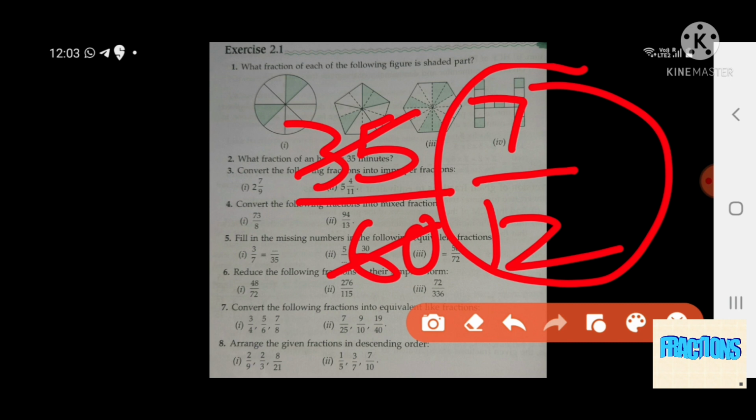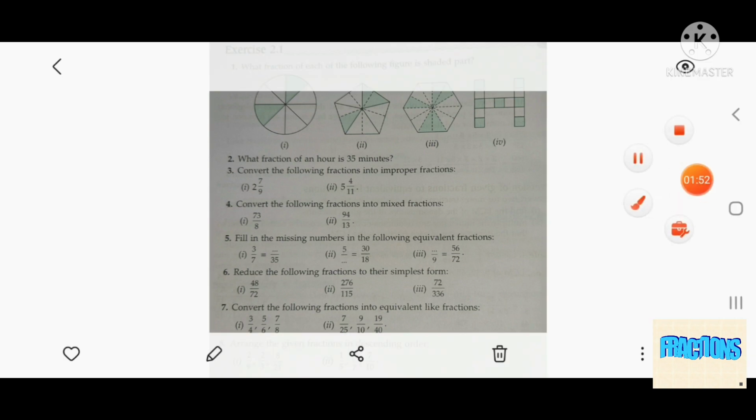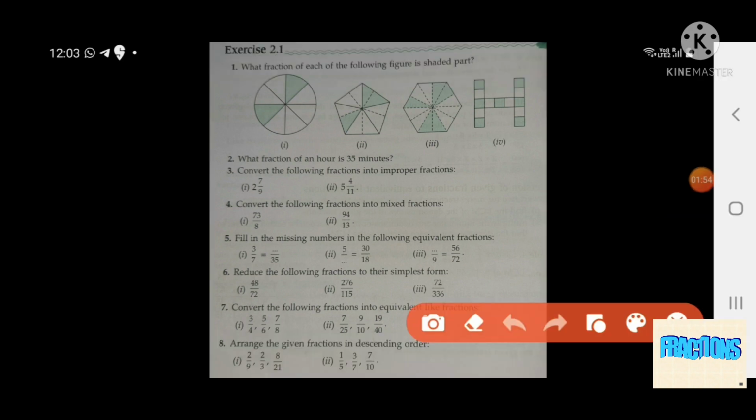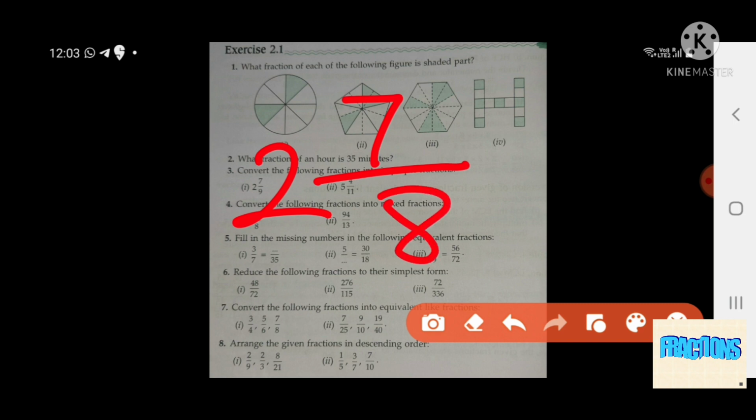Okay. Now the next question is: convert the following fractions into improper fractions. I told you if it is a mixed fraction and we have to convert it into improper, we have to multiply with the denominator and add the result to the numerator.